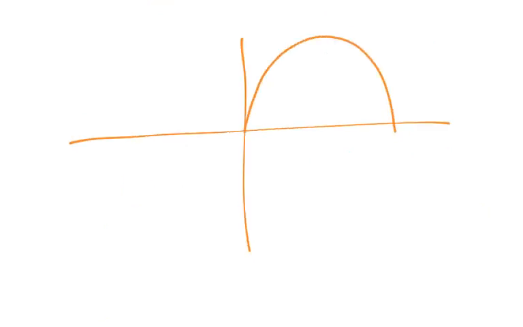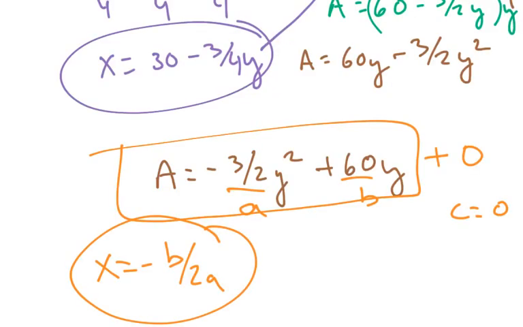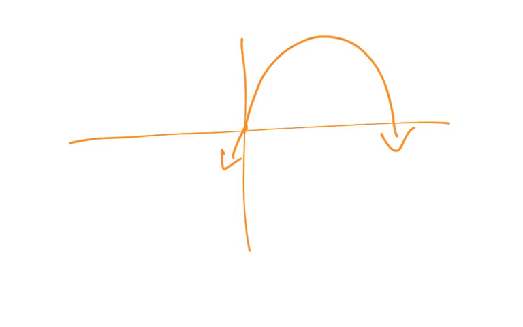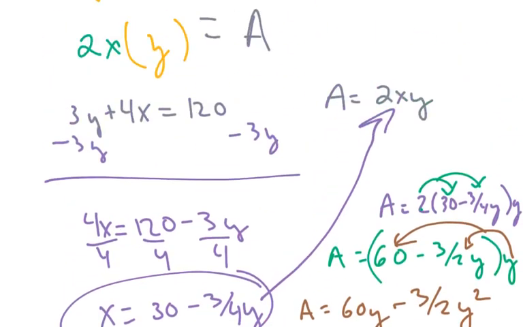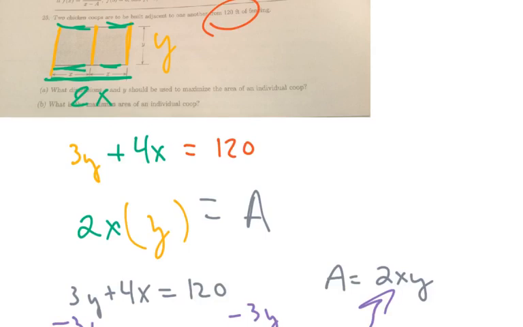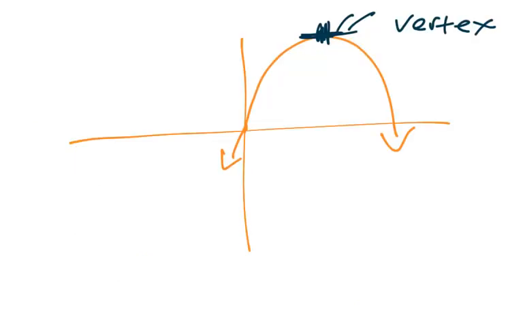The reason we know we have this sort of parabola is because the a value is negative, so it's upside down. What we're looking for is the highest point, and the highest point would be wherever the vertex is. So anytime you see a question that asks you for the max area, or is talking about the maximization of the area, usually in algebra classes, you're going to be finding the vertex.